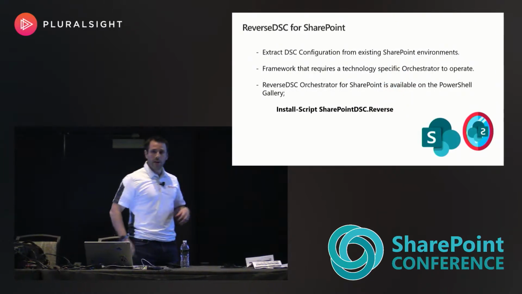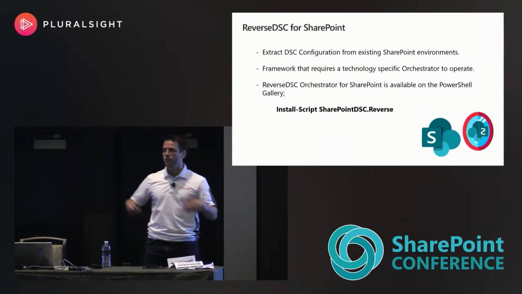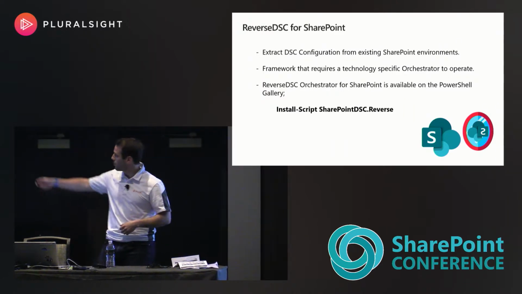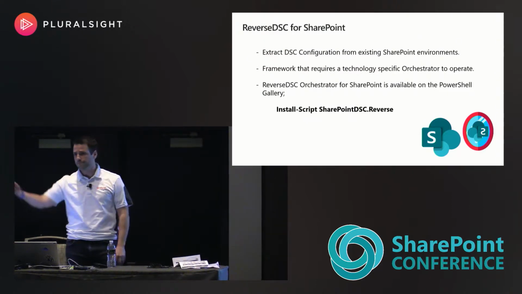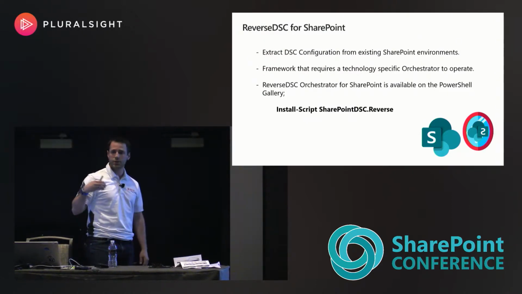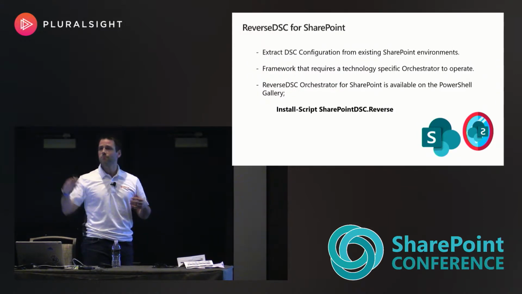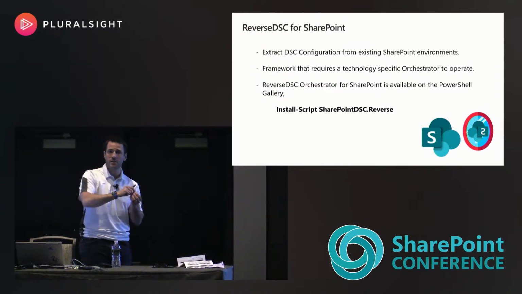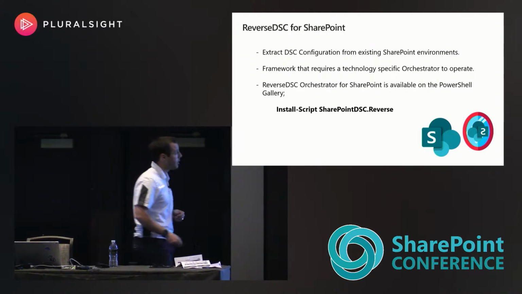What it is, basically, if you have any existing SharePoint environment, you go in and install that module. The command to install it is Install-Script SharePointDSC.Reverse. It will download that module from the PowerShell Gallery, assuming you have internet connectivity. If you don't, run it from a machine that does, and you simply copy that module folder over to the SharePoint box.